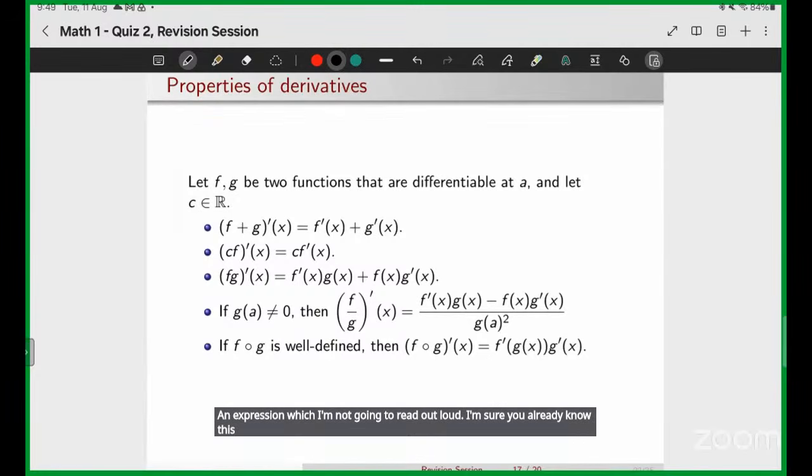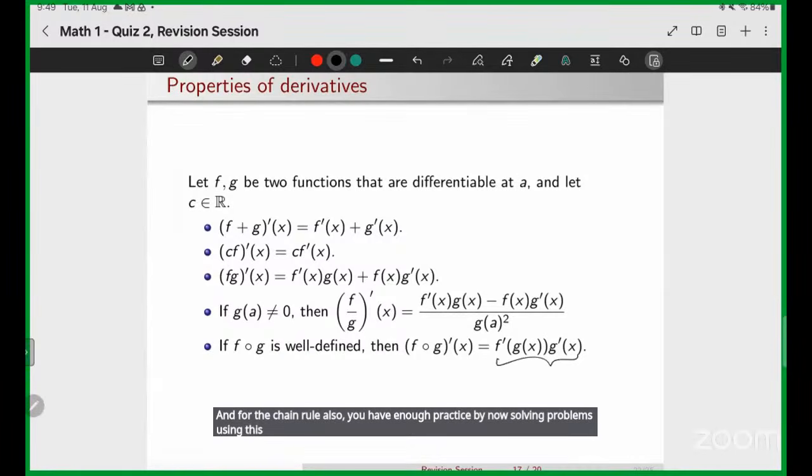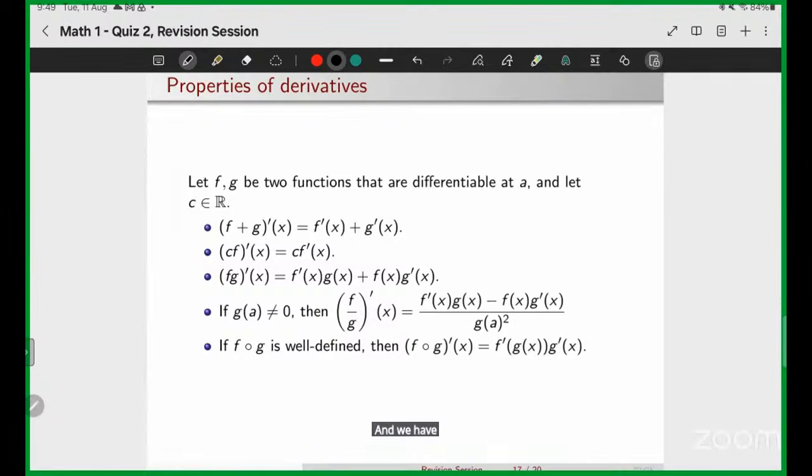And for the chain rule also, you have had enough practice by now solving problems using this, I'm assuming. Yes, sir, we have taken similar problems in summary sessions as well as solve-with-us sessions. So unless someone explicitly wants me to solve some problem of this sort, I'll move ahead.